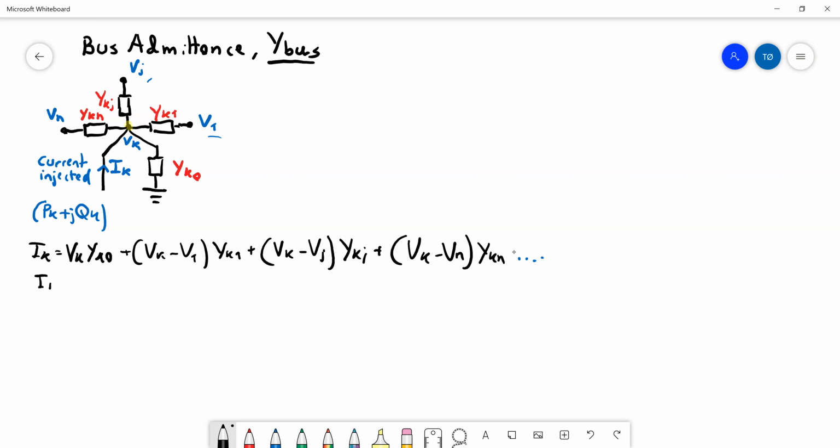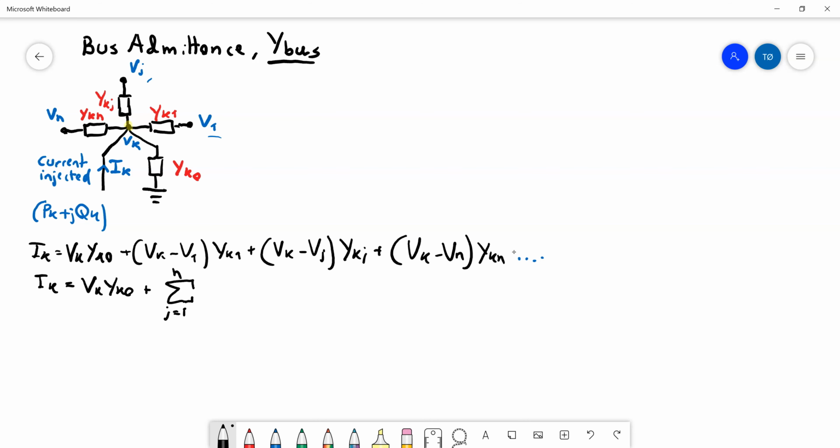And this again can be written more generically, like VK YK0 plus the summation, J equal 1 to N. So it's N nodes, as you see up on the left.